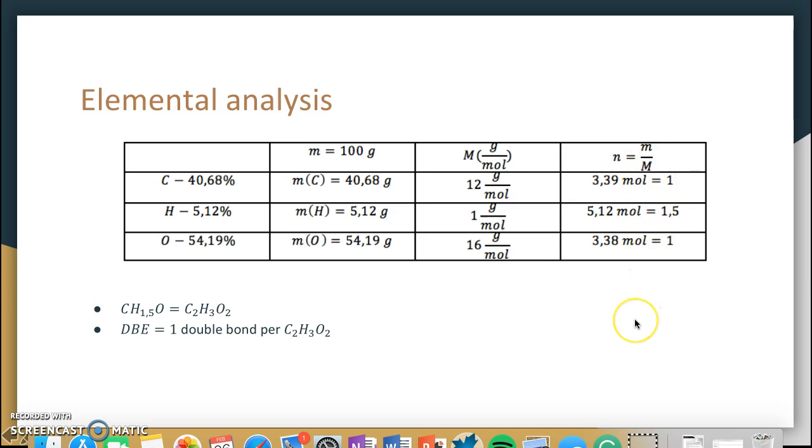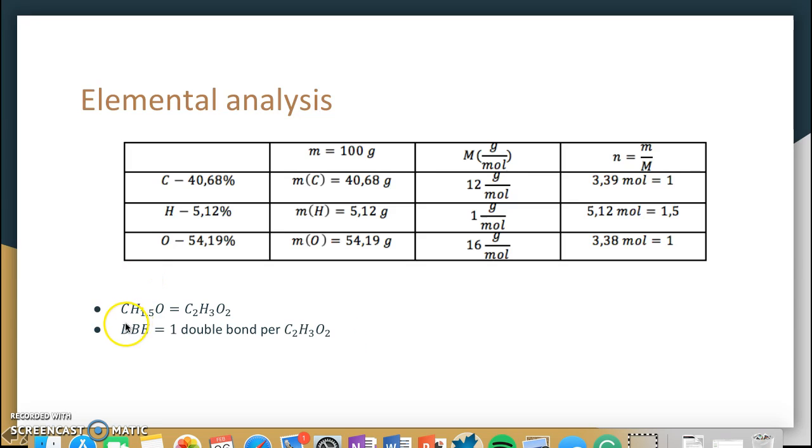Comparing these to each other, we see that carbon and oxygen are about the same, so they will be equal to 1. Then comparing these two to the hydrogen, we see that it's almost a half added onto that, so it's a 1.5 for that. And then for calculating the double bond equivalence, we used the handed out formula.